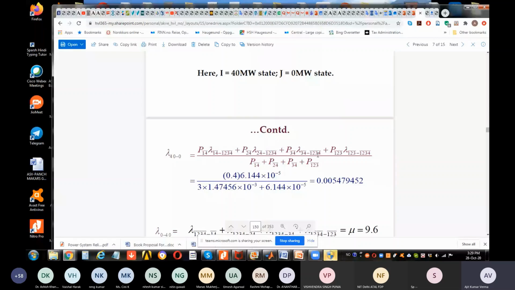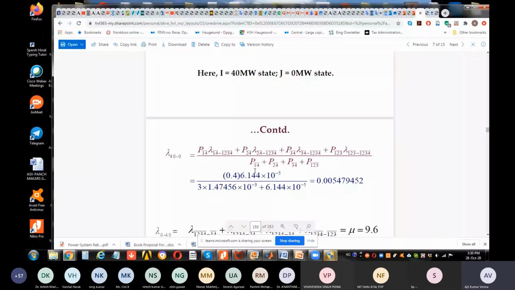So from 1, 2, 3 to 1, 2, 3, 4, yes, single unit failure. So 4 can fail and it could take you to this state. So that's lambda. So these transition rates are zeros, and this is just lambda. So P1, 2, 3 into lambda. So lambda is 0.4, and then P1, 2, 3 is this probability.